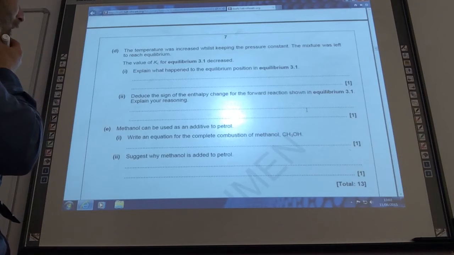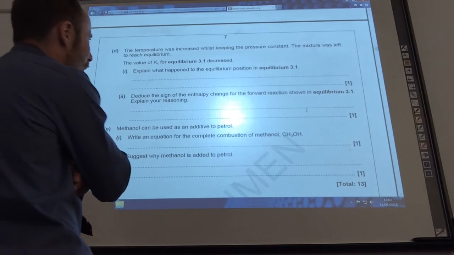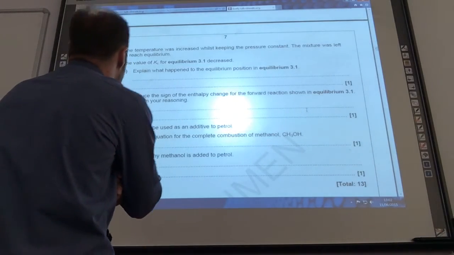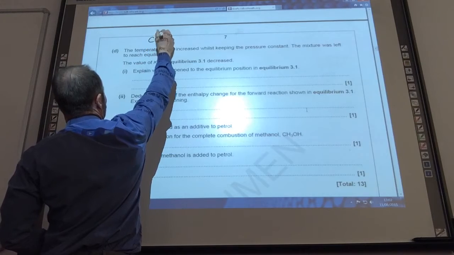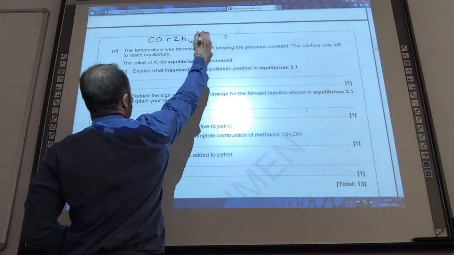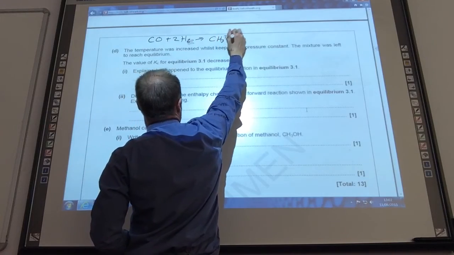Okay, temperature was increased whilst keeping the pressure constant, and we left it to reach equilibrium. The value of Kc decreased. Explain what happened to the equilibrium. Well, if we go back to our equilibrium, carbon monoxide plus 2H2 goes to CH3OH.